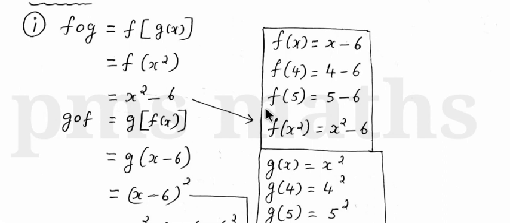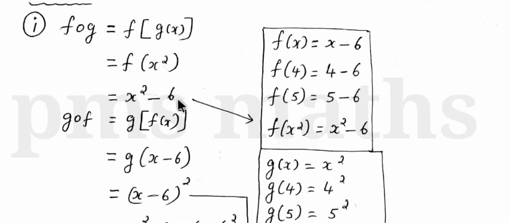For example, f of 5 is equal to 5 minus 6, just substitute x is equal to 5. Then, what's the value of f of x square? Just substitute x is equal to x square, instead of this x we can substitute x square. Therefore, x square minus 6.